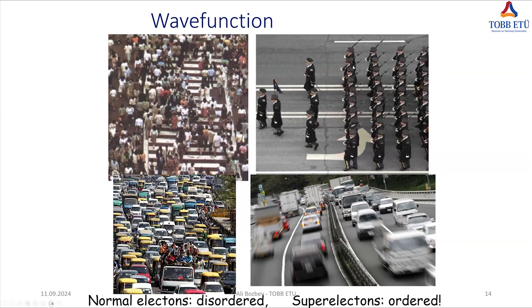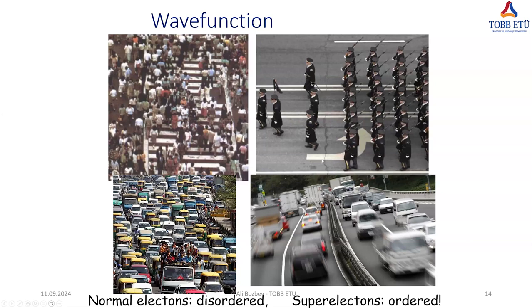But in the case of the right top picture, when the soldiers are marching with some tempo, then even if the people density is similar, they don't collide with each other and they move faster without any collision.